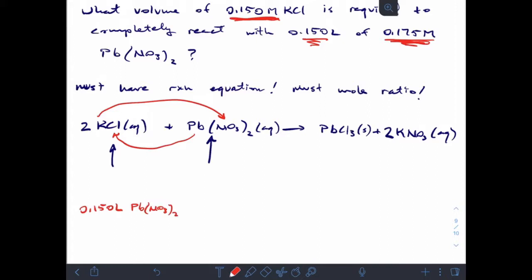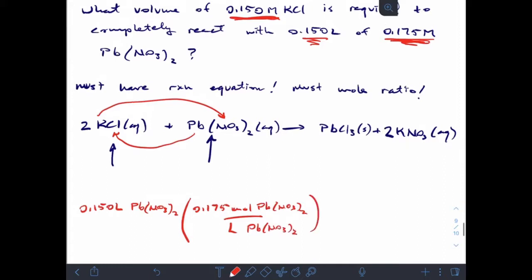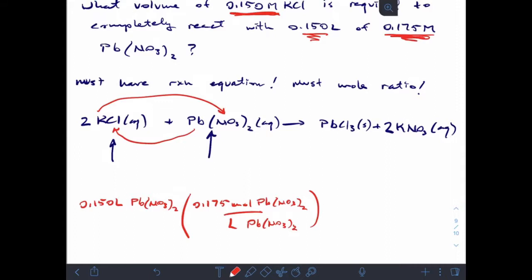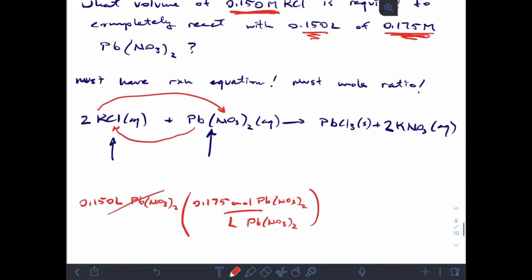Okay, so 0.15 liters of lead nitrate. So I'm going to use that molarity for lead nitrate to convert that to moles. And I have 0.175 moles of lead nitrate per liter of lead nitrate. Okay, so my liters of lead nitrate will cancel, so now I'm at moles of lead nitrate.